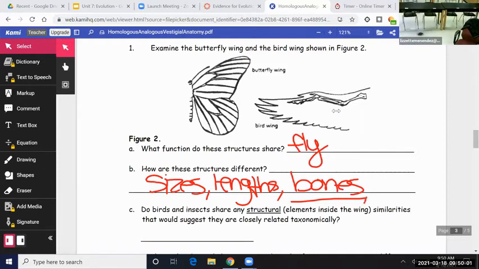You're on it. So birds have skin and feathers, and butterflies have kind of a membrane covering their wings. So they're made of different materials too. Nice. Okay, so then do you think, yes or no, that birds and insects share any structural similarities that would suggest that they're closely related?